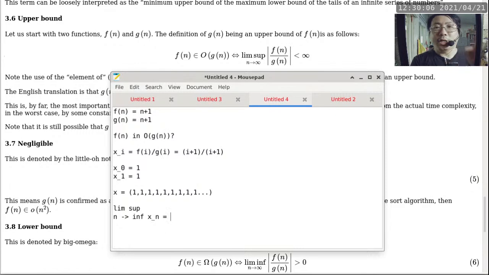Okay, let's plug this into the definition that we talked about earlier, right? This is the infimum of a set where each item in the set is by itself the supremum of the set x underscore k, where k is greater than or equal to n, and this is where n is greater than or equal to 0.